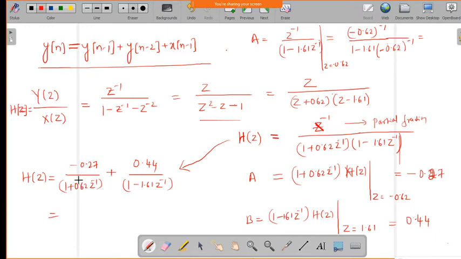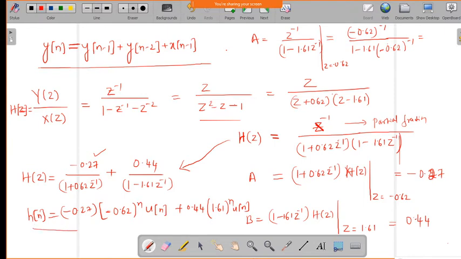Okay, so assuming this is 0.27, we can obtain h of n by taking the inverse transform. So we will get minus 0.27 into minus 0.62 power n into u of n, since it is a left sided sequence, so in terms of alpha it is minus, and this one 0.44 into 1.61 power n into u of n.